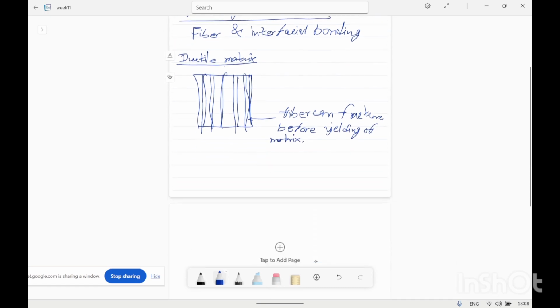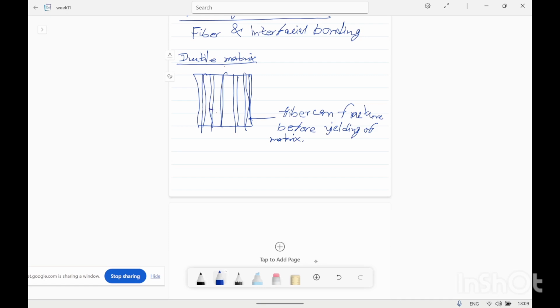And once the yielding of matrix starts, that leads to stress relaxation and blunts the crack. Means as the fiber fractures, the crack will propagate from the fiber to the matrix region.